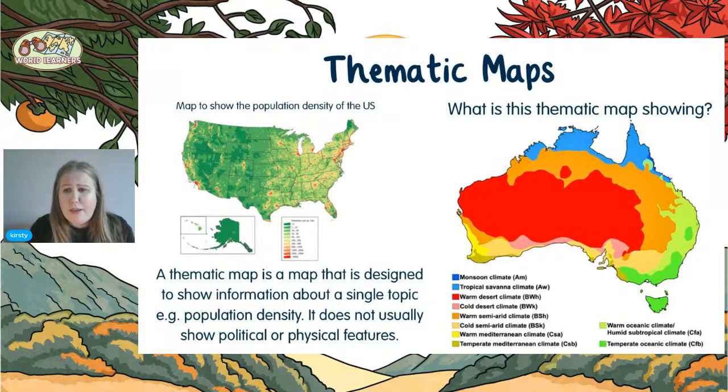It's not showing us any mountains or any deserts, it's showing us the climate. We might be able to come to some conclusions about where deserts might be, where cooler or warmer areas would be. But yeah, it's only focusing on that one thing.